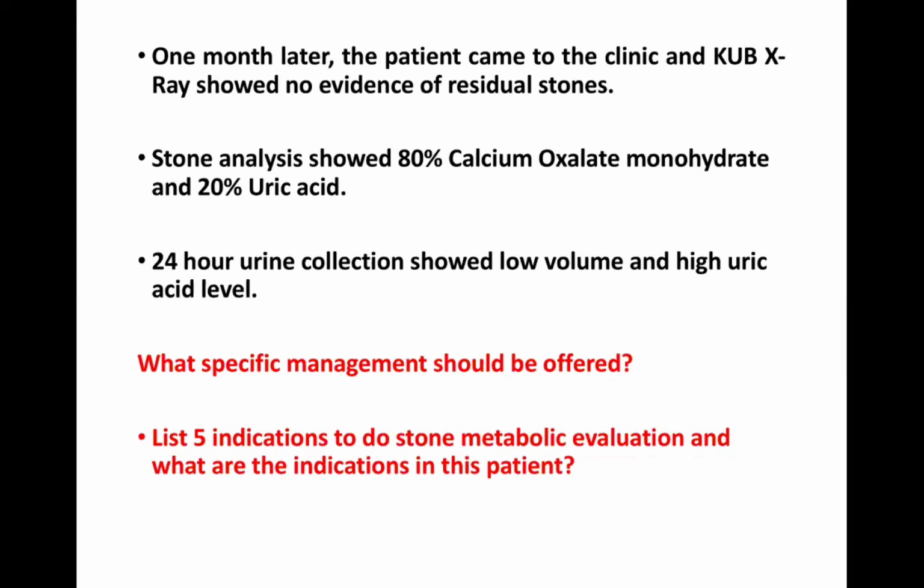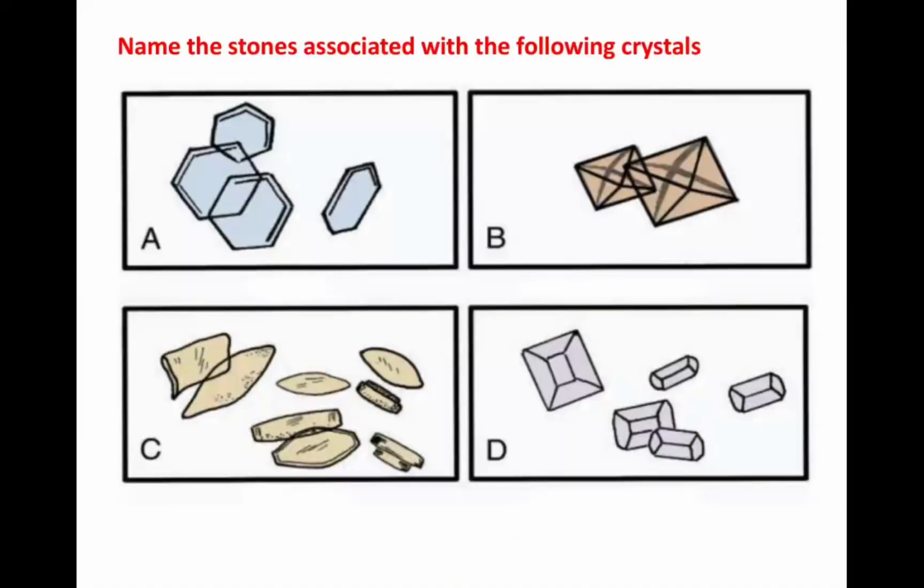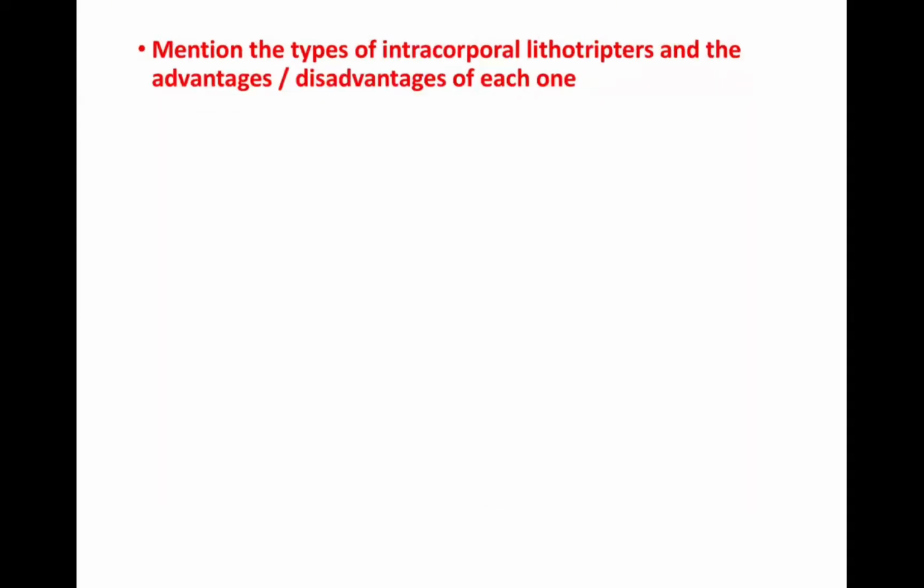And also, please list 5 indications for stone metabolic evaluation in general, and what are the indications to do the metabolic stone workup in this patient in particular. Could you please name the stones associated with the following crystals? Could you please mention the types of intracorporeal lithotripters and the advantages and disadvantages of each one?